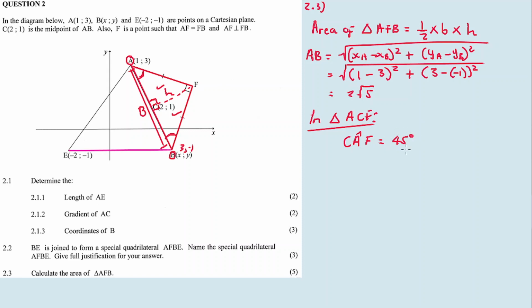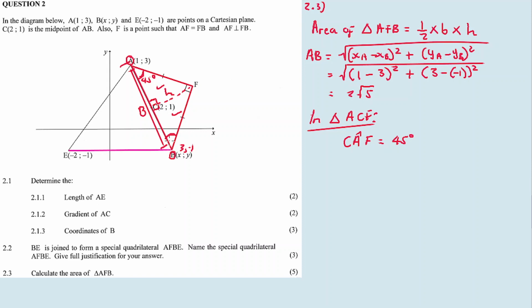How did I get this 45 degrees? I used the reason that this is an isosceles triangle, so these angles must be equal. You just say 90 degrees divided by 2 to find these angles, which will be equal. Alright, now check. So we now have an angle of 45 degrees here. Now I can use the trigonometric ratio for calculating height.